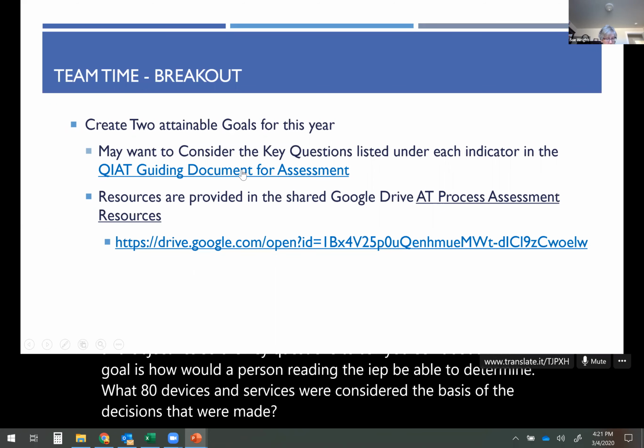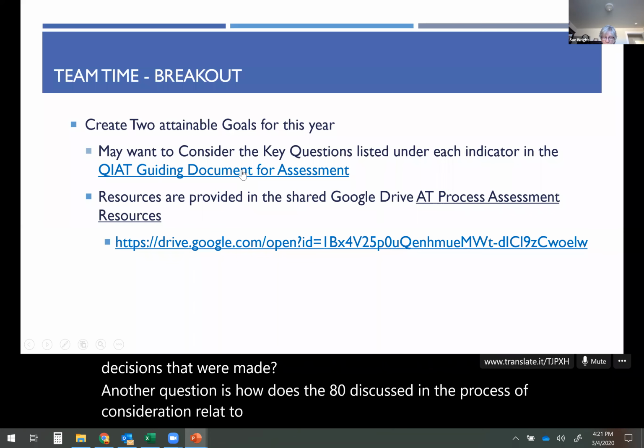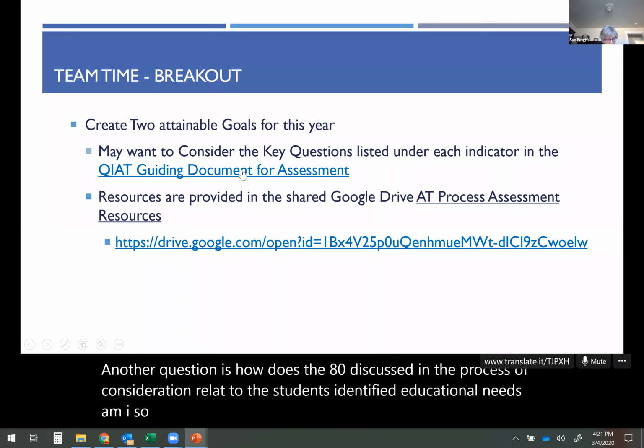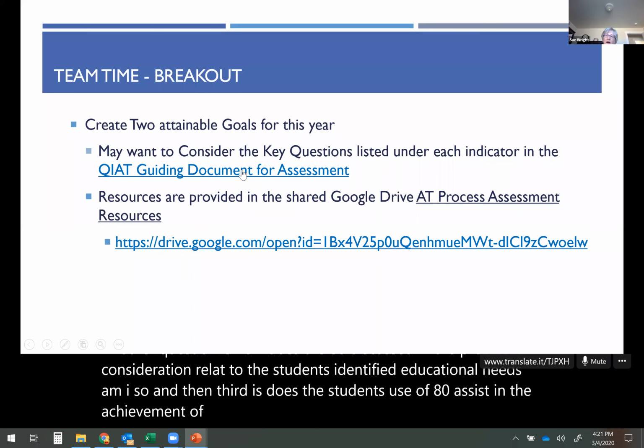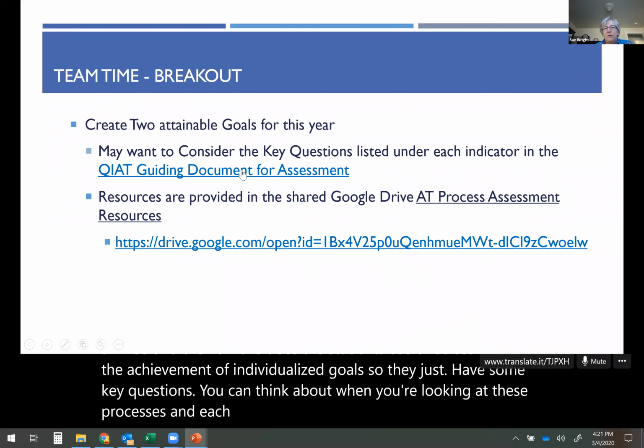How does the AT discussed in the process of consideration relate to the student's identified educational needs? And does the student's use of AT assist in the achievement of individualized goals? They just have some key questions you can think about when you're looking at these processes, and each one of the indicators has those key questions.